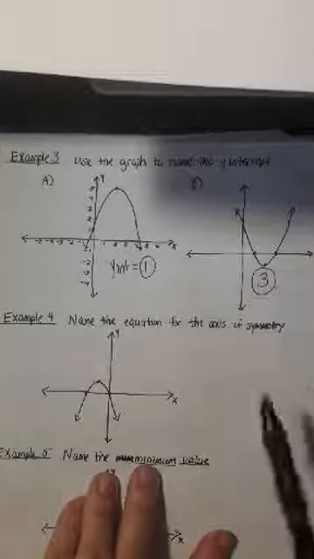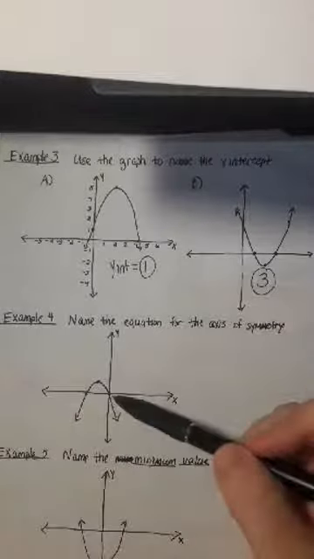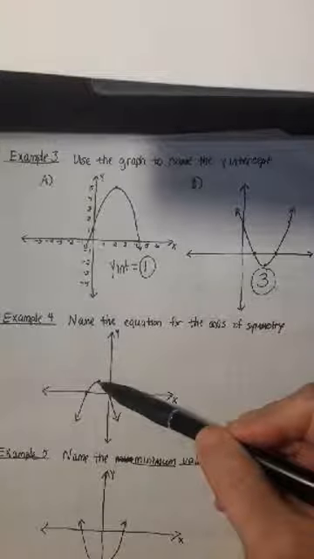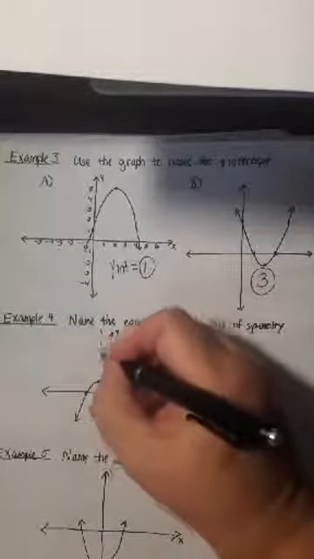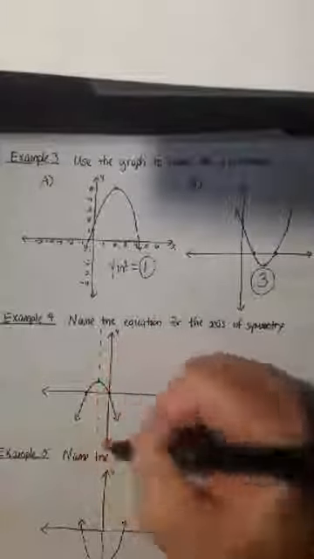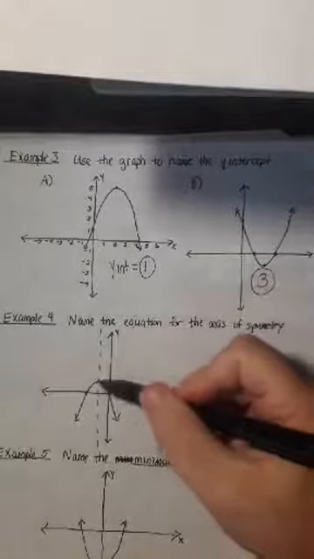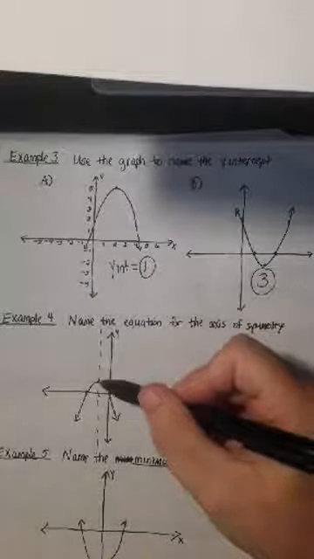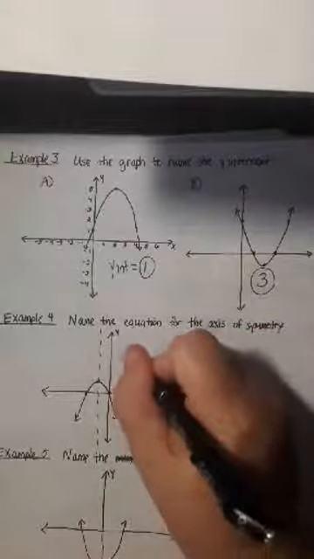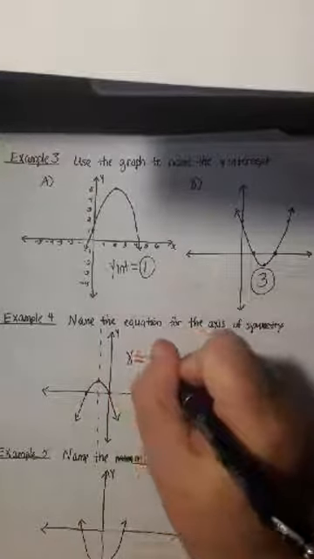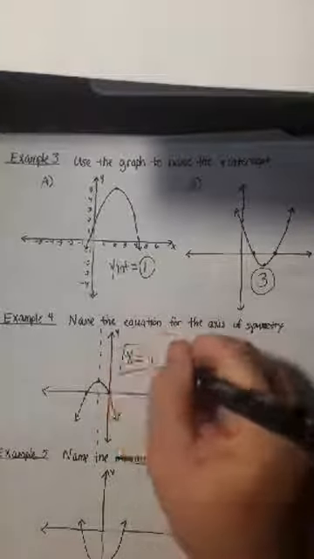All right, so the axis of symmetry is over here at the vertex. Just imagine a line going through that vertex, and it goes through it at -1. It's on the x-axis. -1. So you're going to say x equals -1, and that's your answer.